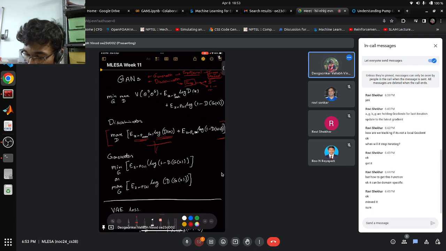The log curve looks something like that. So we want this part to be closer to 0. Whenever I feed in real data to this discriminator, it should classify it as 1, the log of that ends up being 0, and you want to maximize that.